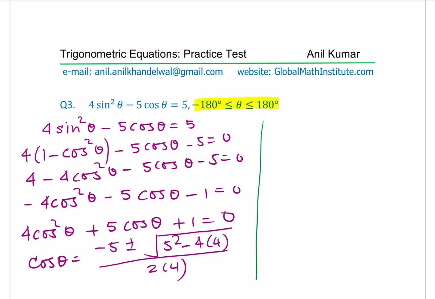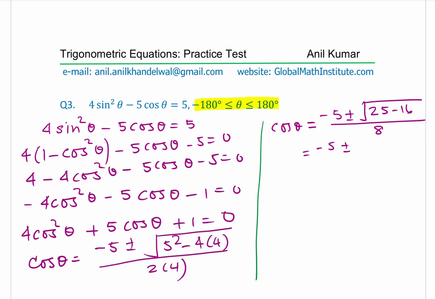So that gives us cos theta equals minus 5 plus minus the square root of 5 square minus 16, 25 minus 16, right? Over 8.